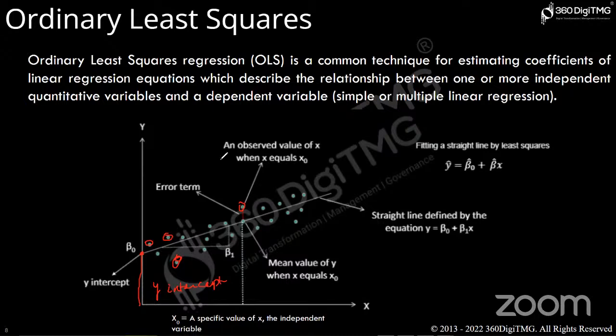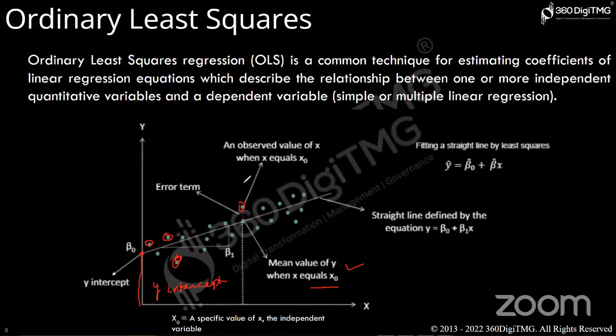Here we are saying it is an observed value of x, and when x is equal to x0, it is the mean value. The mean value is x0 of this line. If we are having a value on this, we will call the distance from the mean to this point the error term.